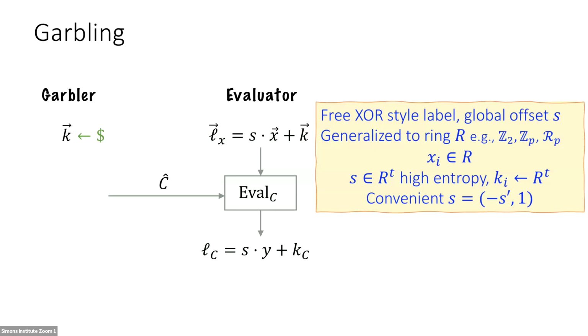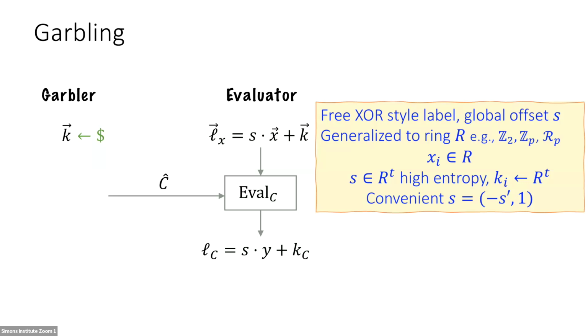You can think about Z_2, you can think about Z_p, you can think about polynomial rings. And then the wire value is typically just a scalar over the ring. And the offset, the key s, and the k are vectors in the ring. And it's typically convenient to think about the secret s as ending with a 1.